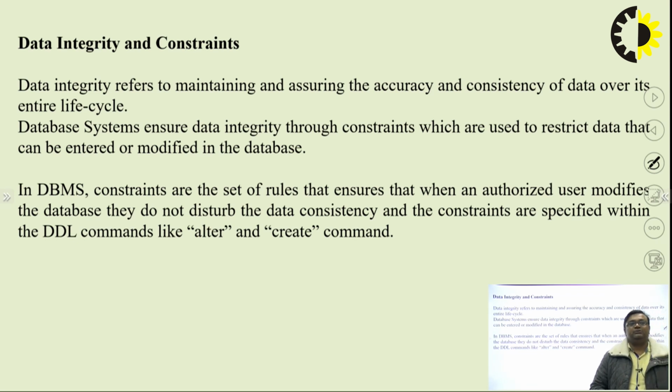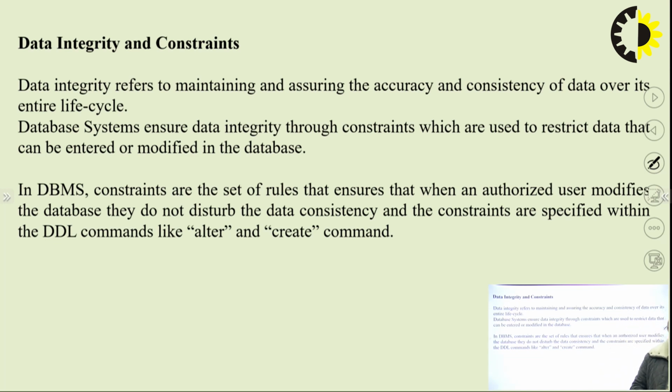The database system ensures data integrity through constraints, which are used to restrict data that can be entered or modified in the database. If we are going to modify anything, there should be some constraint so that we do not update any wrong information or invalid data into the tables.